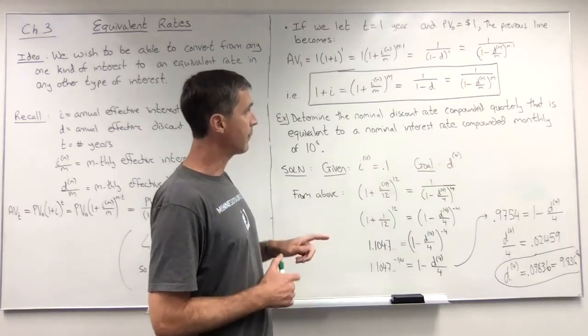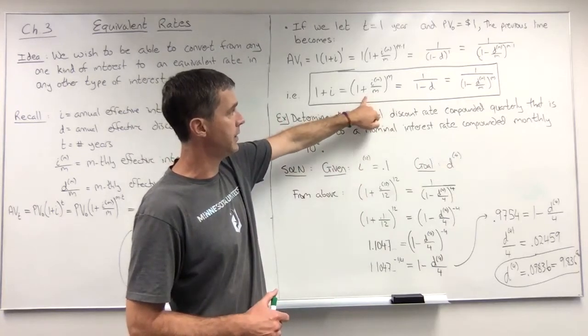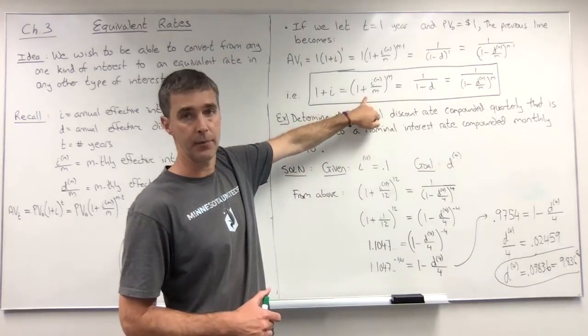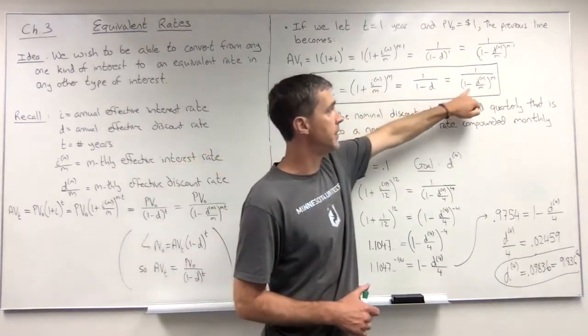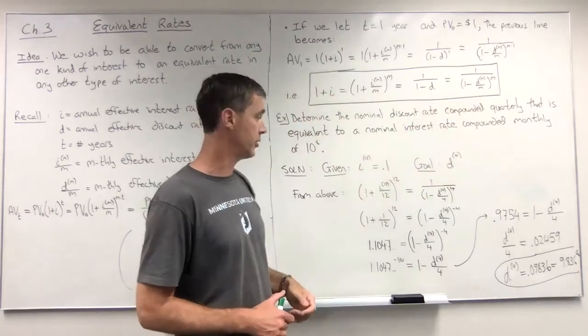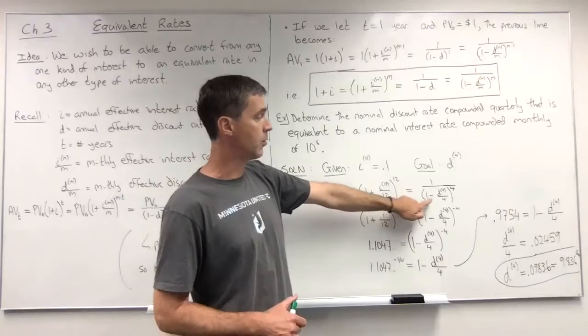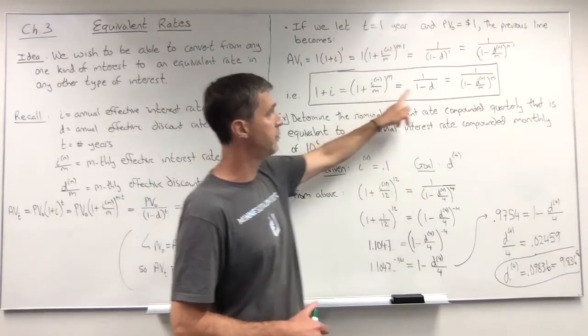So what I'm going to do from the box up above is grab that piece because it involves monthly interest, and this piece because it involves monthly discount, and that's what my 2 rates are speaking to. So there's my monthly interest rate, there's my quarterly discount. So I grab those 2 pieces.